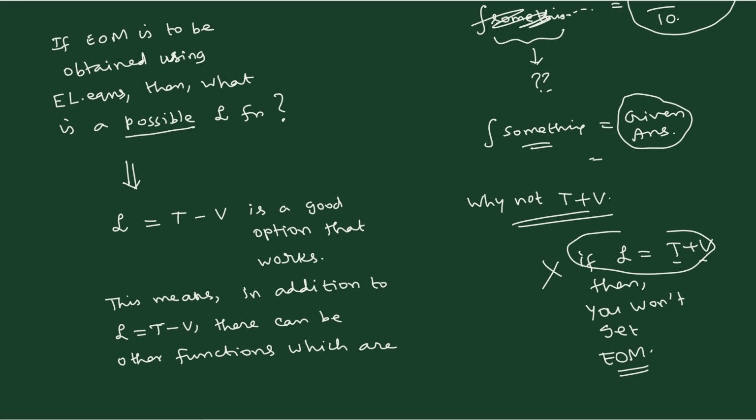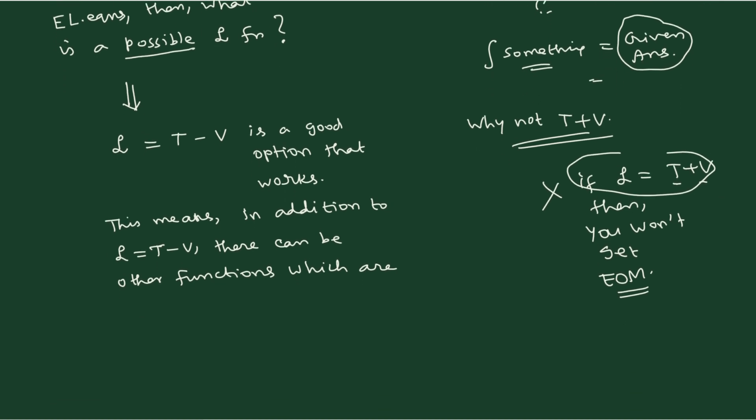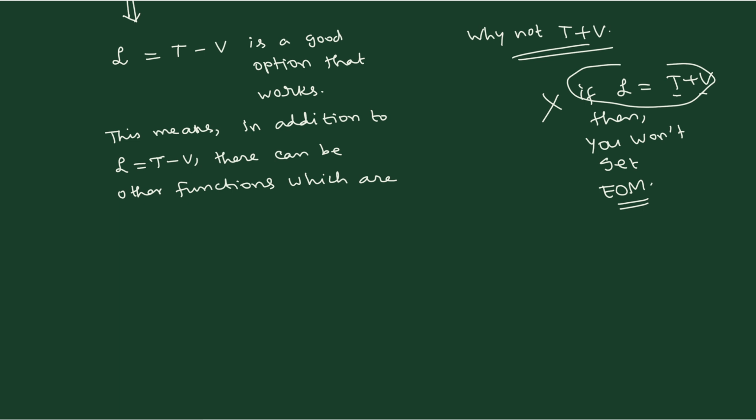So I'm writing this conclusion for clarity. This means, in addition to L equal to T minus V, there can be other functions which are capable of reproducing the equation of motion.